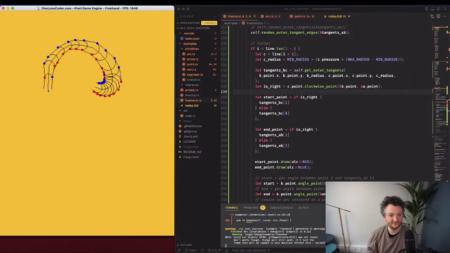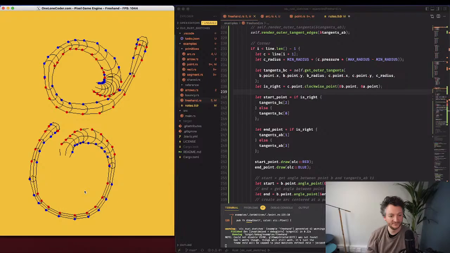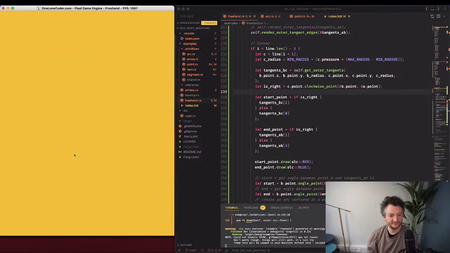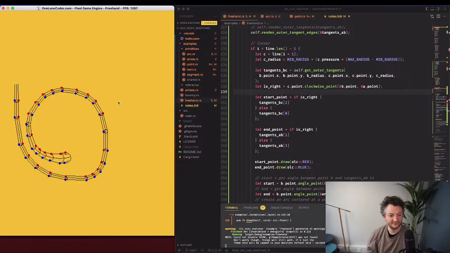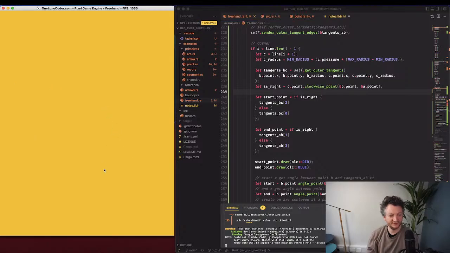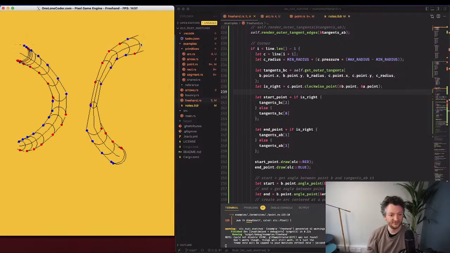So if I do this versus this, seems like they're still always going in that same direction. Because like right now I'm going left, and right now I'm going right.